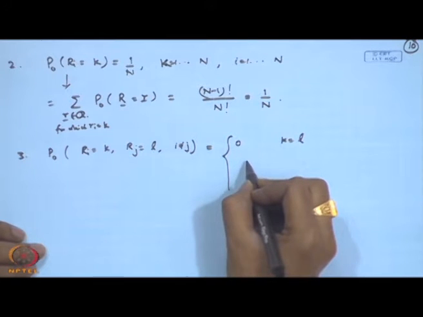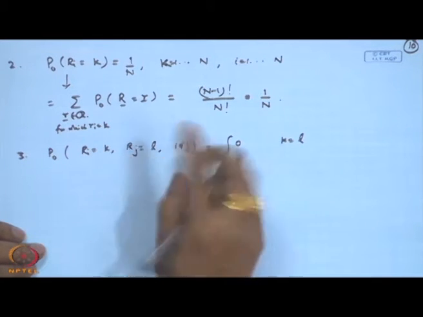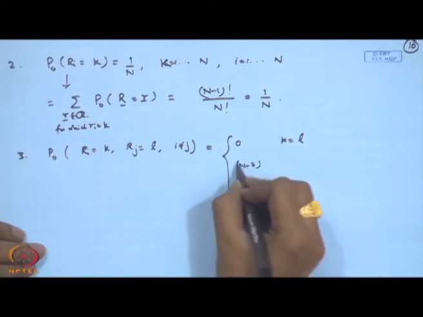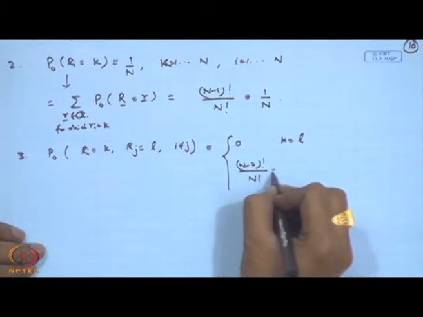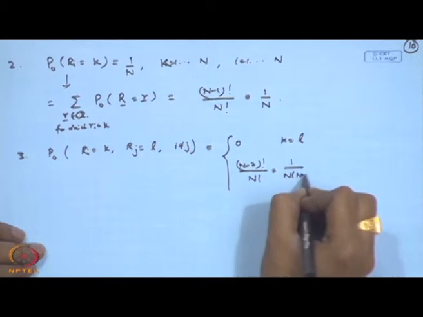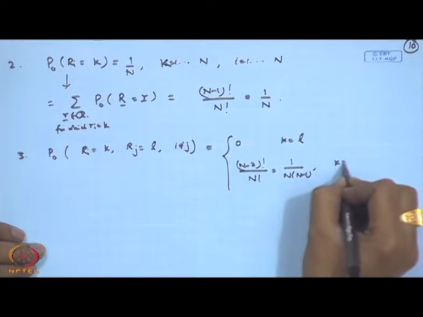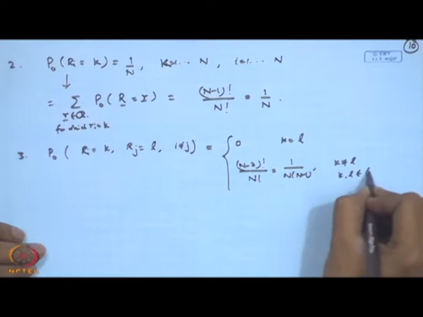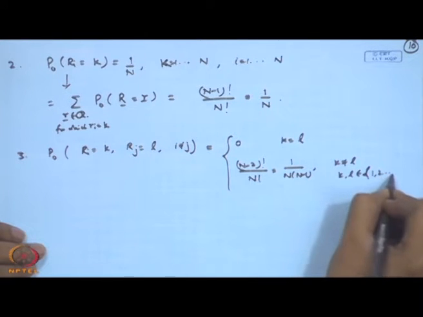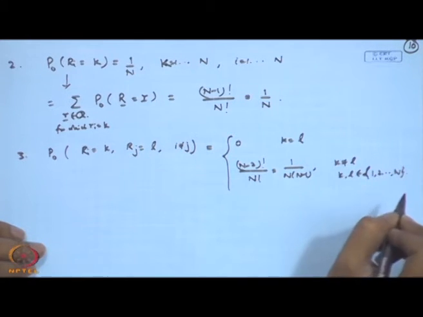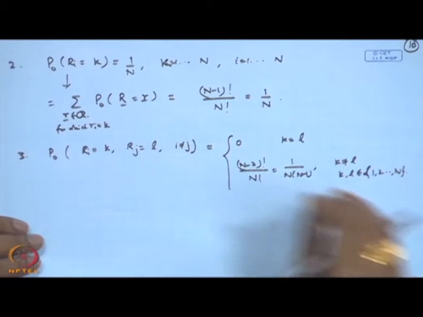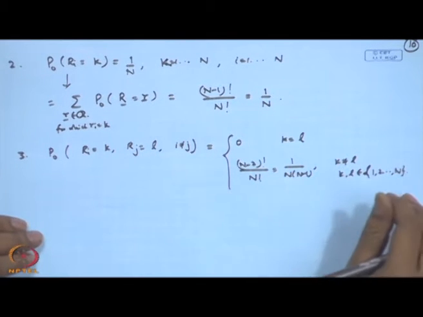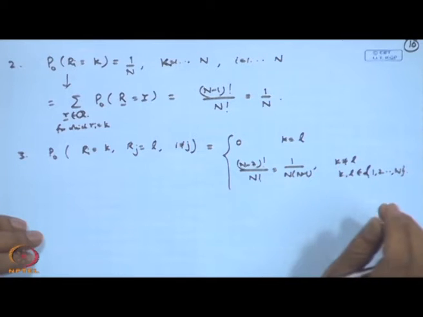Now, if I am fixing two values, then (n minus 2) factorial divided by n factorial, that is equal to 1 by n into (n minus 1), where k is not equal to l and both k and l can vary from 1 to n. So, the joint distribution of two ranks can also be obtained, and that is also bivariate, you can say discrete uniform distribution.